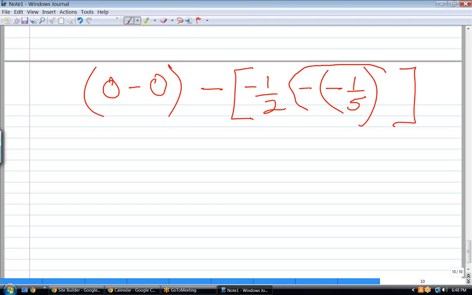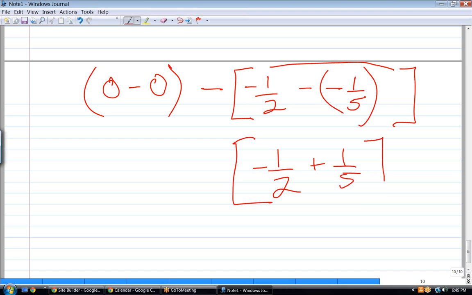Let's start with that, and then let's figure out what this is, and then go from there. Okay, so that's if you plug in the negatives. That's the next line. Now that minus is negative 1/2 plus 1/5?